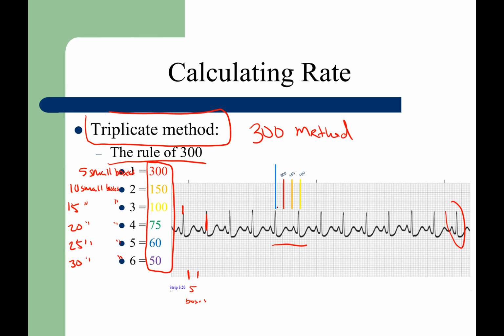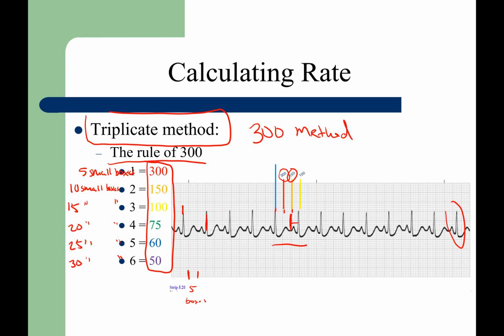So if I start here at the blue line and I count 5 boxes, that red line is stating my heart rate would be 300 beats per minute if my QRS complex was right there. But it's not, so I will continue to count another 5 boxes. So now I go to the next marking, and that's 10 boxes. So what that's saying is if this QRS landed right here, then that would be a rate of 150.